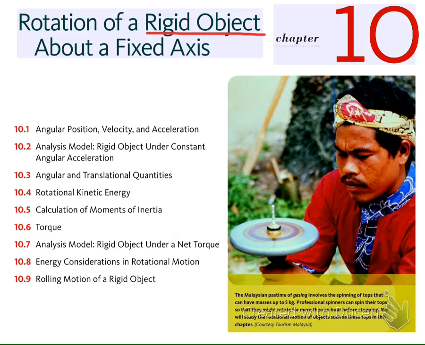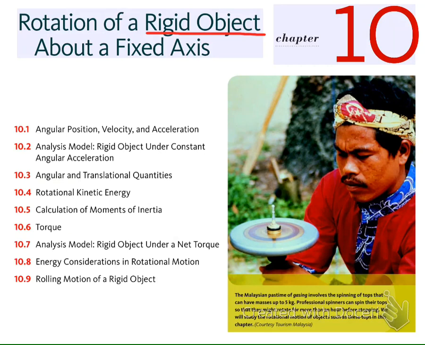A rigid object is an object where the distance between a pair of points on the object will not change, or simply, a rigid object is the object whose shape cannot change.